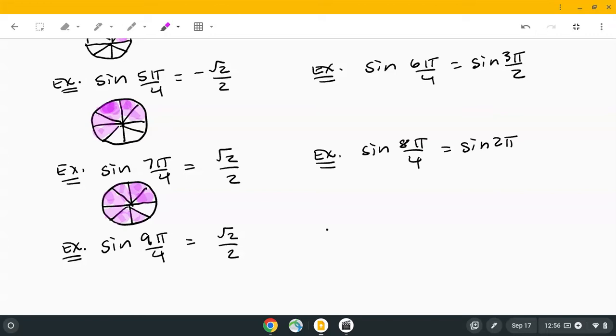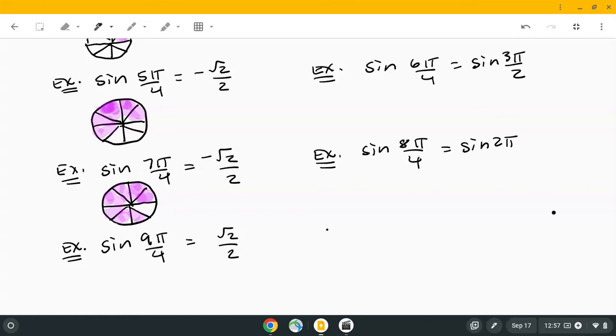So 7 pi over 4 lands in quadrant 4, right? So sine is negative. So it will be negative square root 2 over 2. And then 9/4, I'm just going to look up here. I'm not going to draw it again. So 9/4 is 1/4, 2/4, 3/4, 5, 6, 7, 8, 9. So 9 pi over 4 lands back in quadrant 1, and sine is positive.